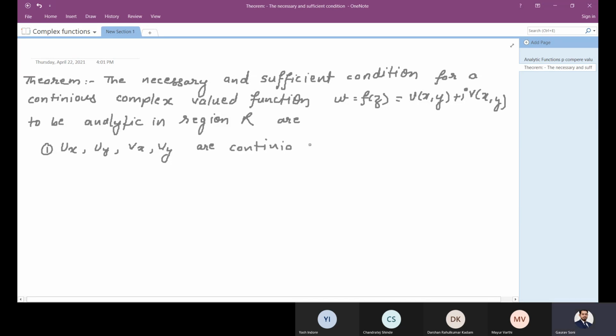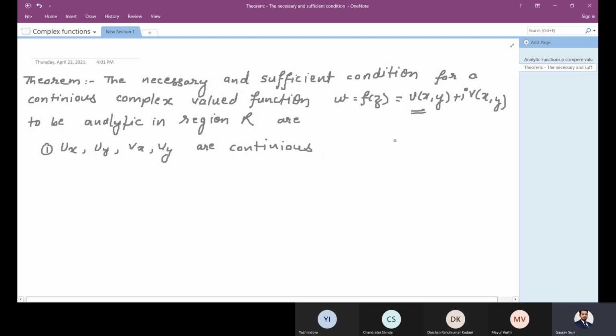What do I mean by ux, uy, vx, vy? u is the real part of your function. These are the derivative of the real part with respect to x, derivative of the real part with respect to y, derivative of the imaginary part with respect to x, and imaginary part with respect to y.